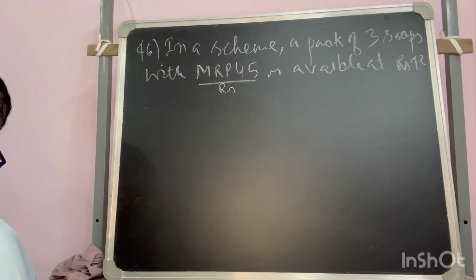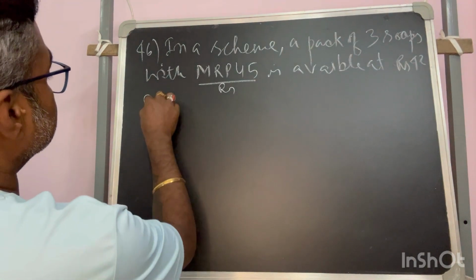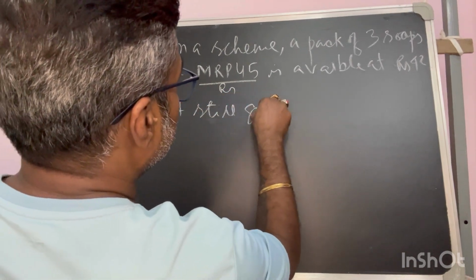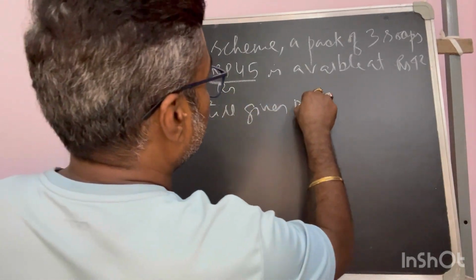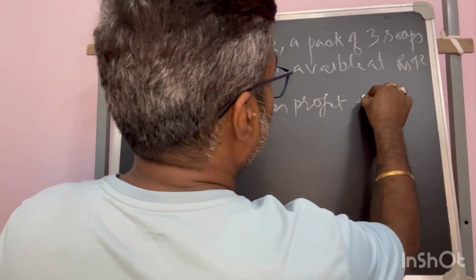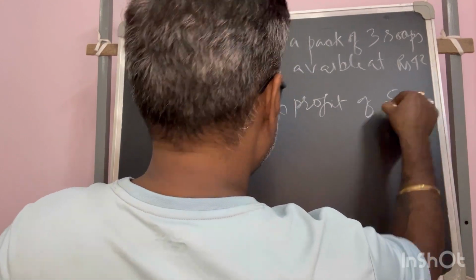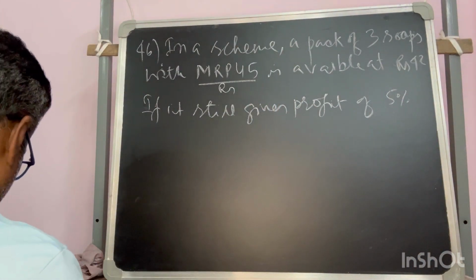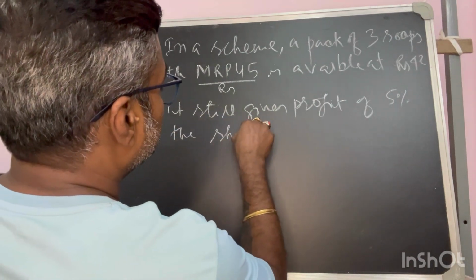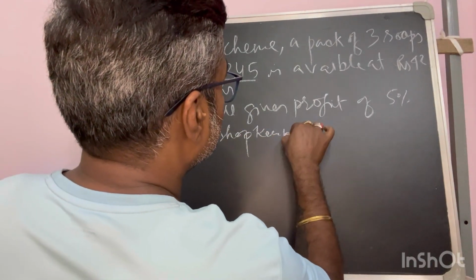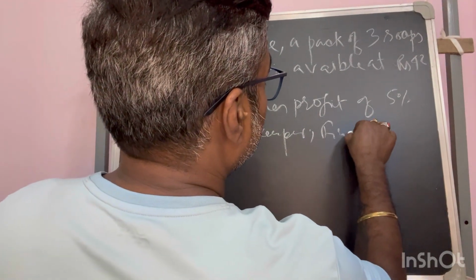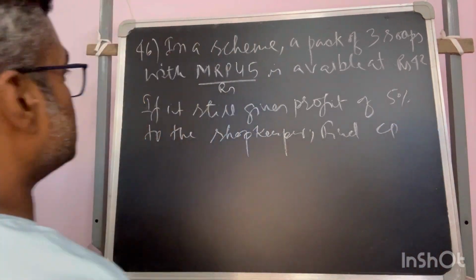If it still gives a profit of 5% to the shopkeeper, then find the cost price. So this is to be found.